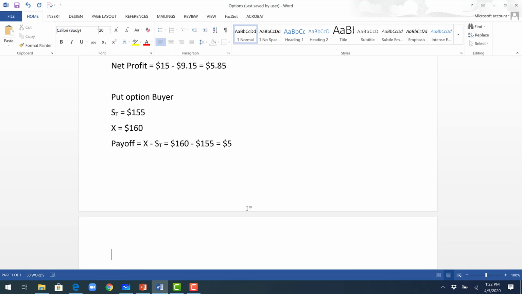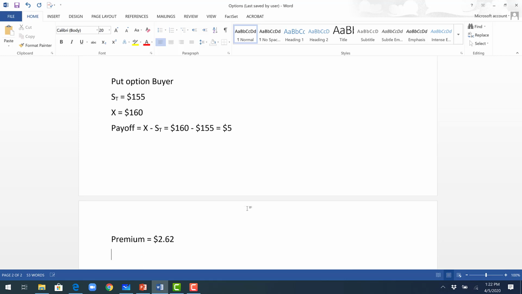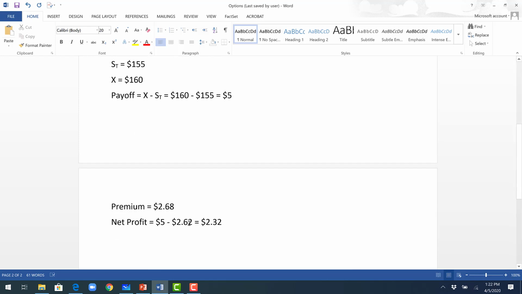And again, if we bring in the premium from that example, the premium is $2.62, right? So the net profit for the buyer is the payoff minus the premium, so that is 5 minus 2.62, which is 2.38.